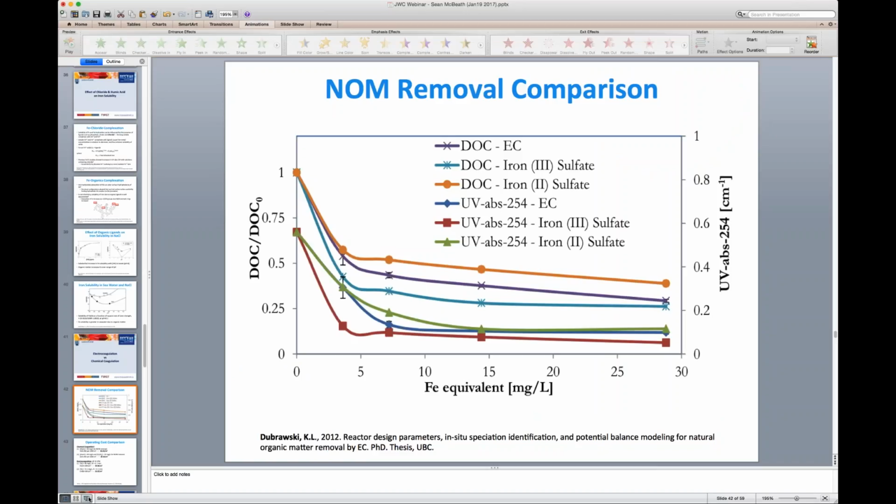Yep. So this work was done by a previous researcher in our lab, and he found that EC dosing with respect to traditional iron chemical coagulant dosing was very comparable. As you can see, electrocoagulation is actually nestled in between iron 3 sulfate and iron 2 sulfate, so very comparable in terms of DOC removal as well as UV absorbance removal.